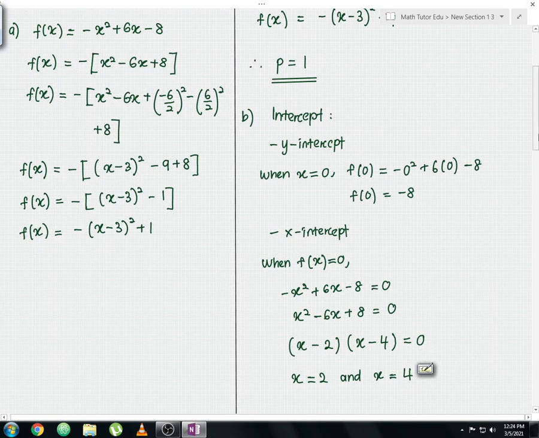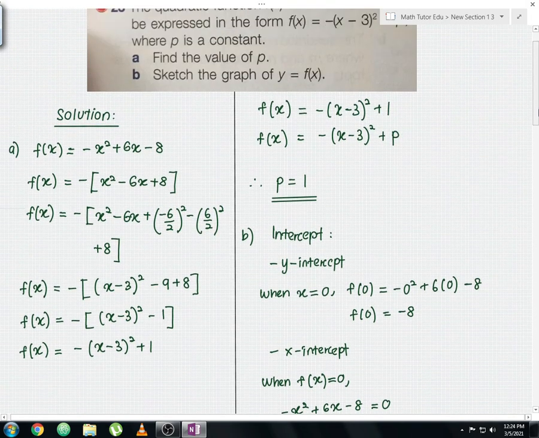The last point that we need to find is the maximum coordinate. You can ask me, how do you know we need to find the maximum coordinate? Let's take a look at the question again. In this question, the coefficient of a is negative, and when you simplify into the general form, the coefficient of a is still negative. Whenever your coefficient a is negative, that is the indication that you need to find a maximum coordinate.